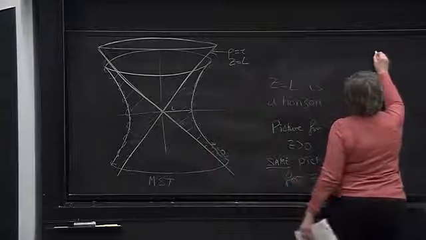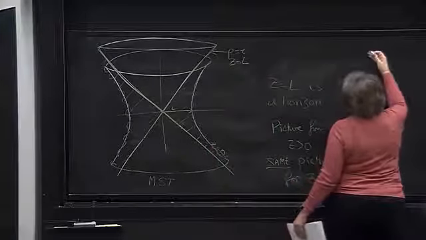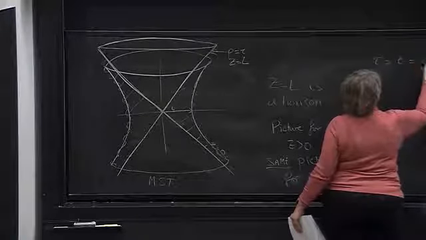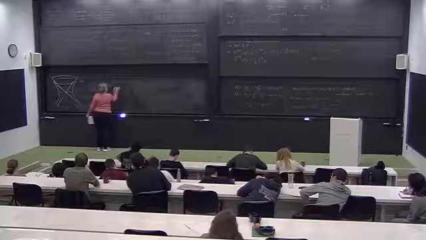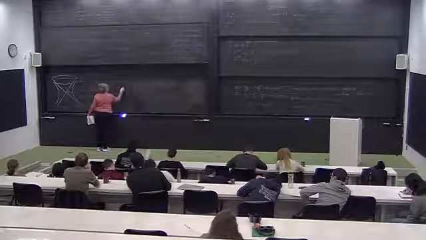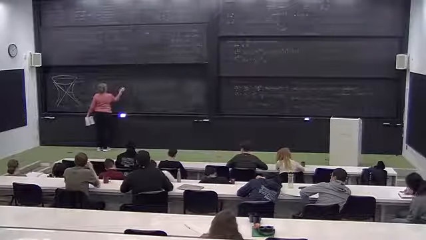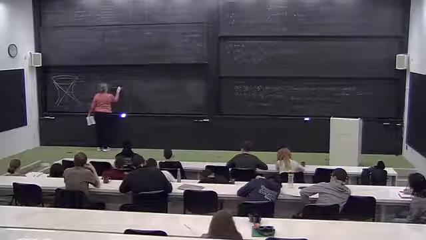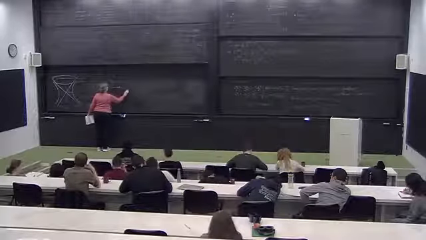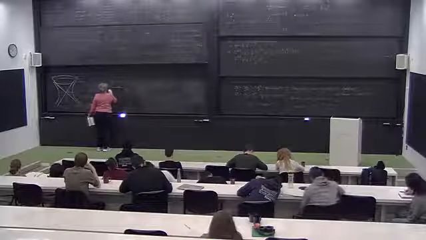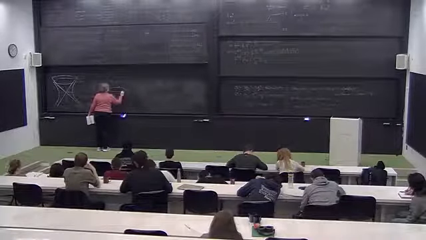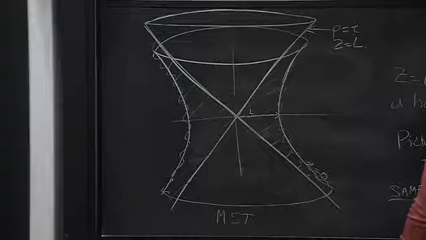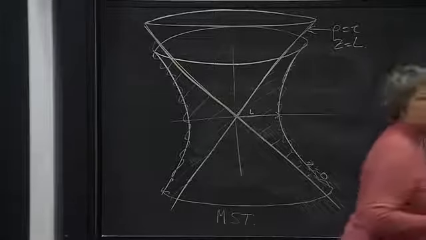So if I look at tau equals t equals 0, I have essentially, so this would be rho. I'm only trying to sketch. It looks something like this. So this would be z bigger than 0 and z less than 0.